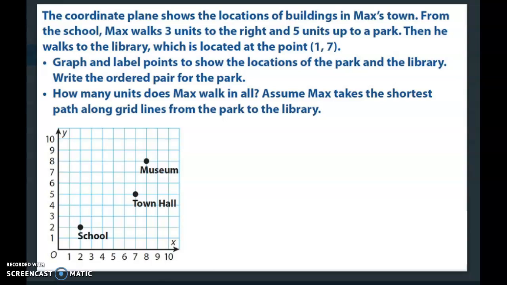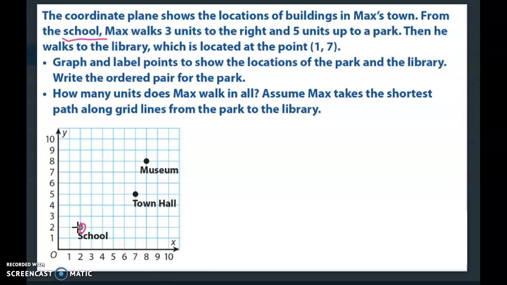So let's first figure out where the park is located. Where is he starting? Is he starting at the origin? No, he's starting at school. So I'm looking at school, and I'm going to put my little drawing tool on school. Max walks 3 units to the right.